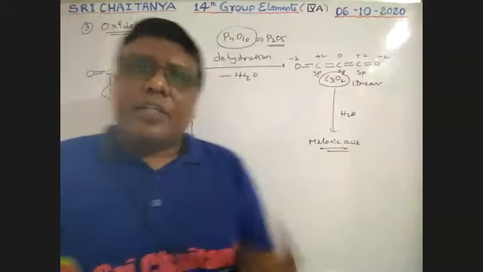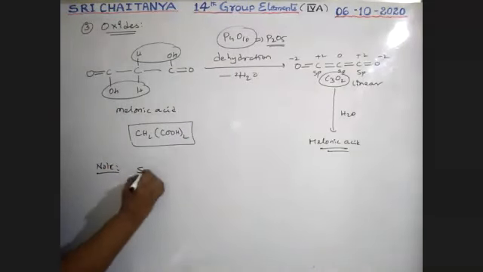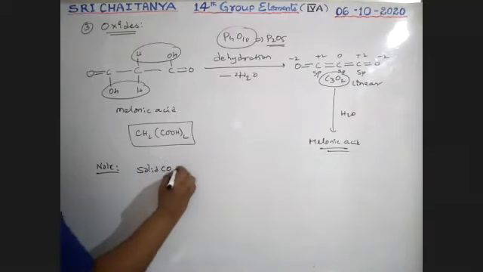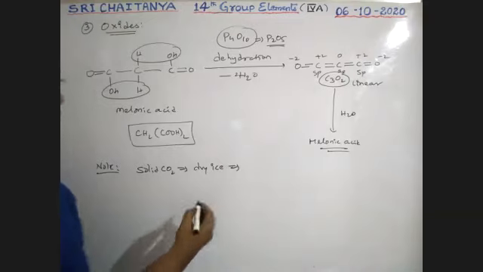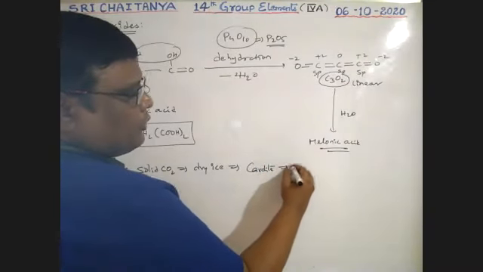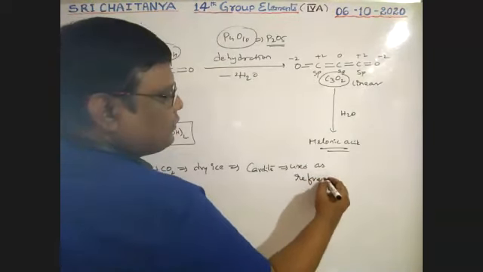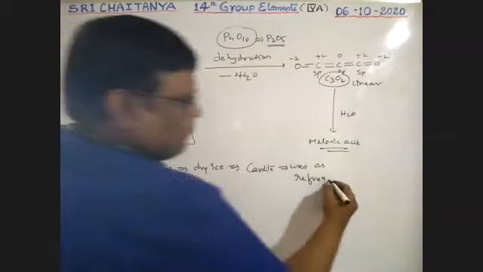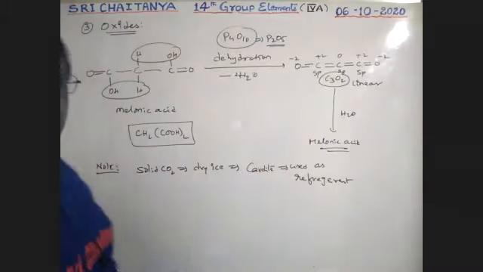Next, see boys, note this point. Solid CO2, which is also called dry ice, is used as a refrigerant.